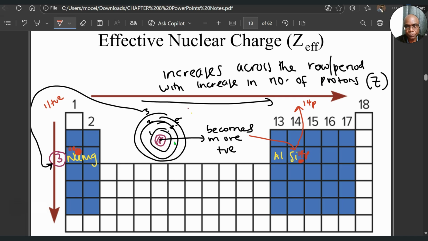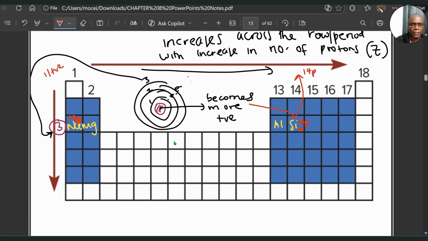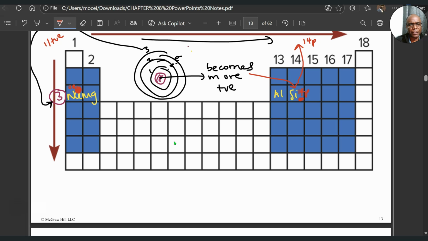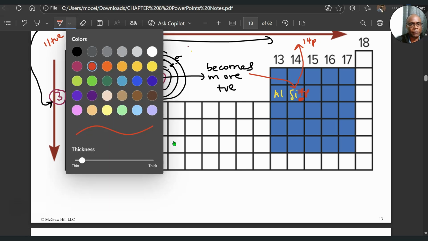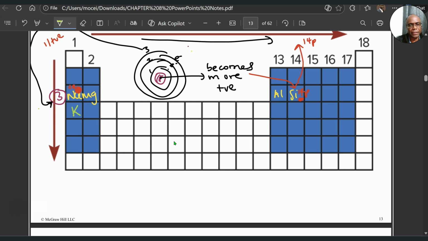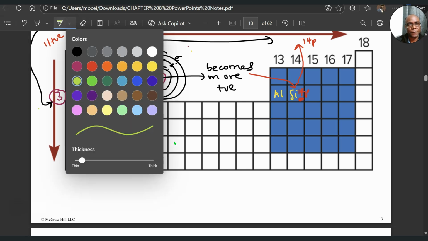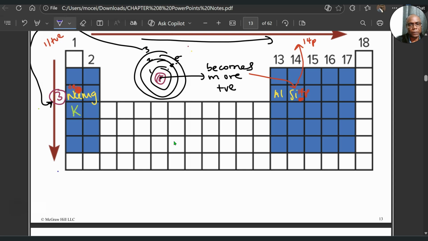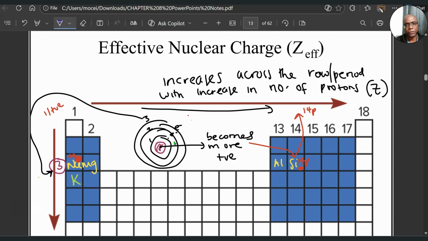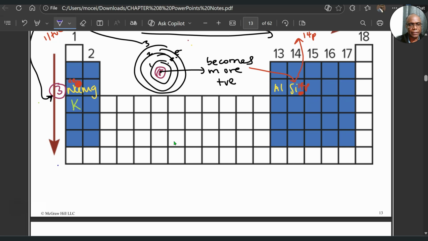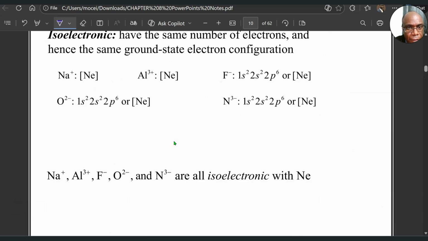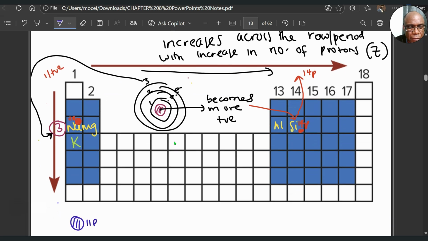That's the idea. Now the trend in a group: if you compare sodium and potassium, for example. Potassium should be just below sodium. What happens to effective nuclear charge in this case? We see that sodium has 11 protons, but potassium has how many? Let's look at the periodic table. Oops, where's my potassium?